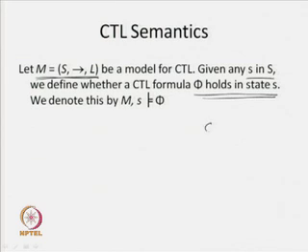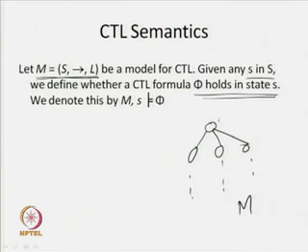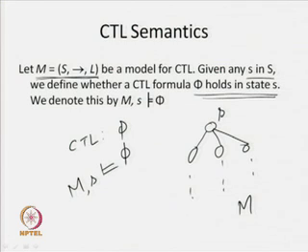That means if I have a model M and we consider one particular state s and a CTL formula phi, then M, s models phi says that this CTL formula phi holds in this particular state s.